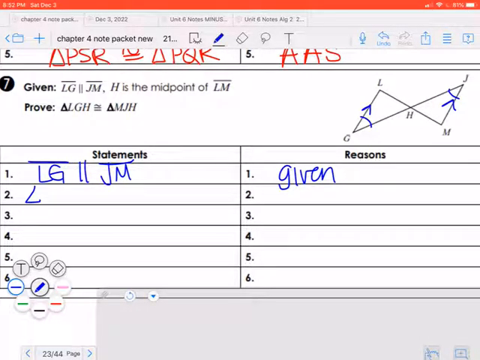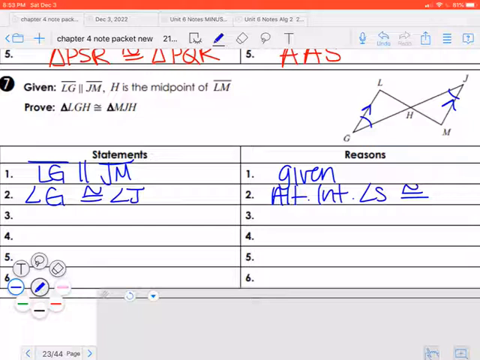Since there's only one angle coming off of vertex G, I don't have to use the 3 letters to name that angle. I can just call it angle G. Angle G is congruent to angle J by the reason alternate interior angles are congruent.